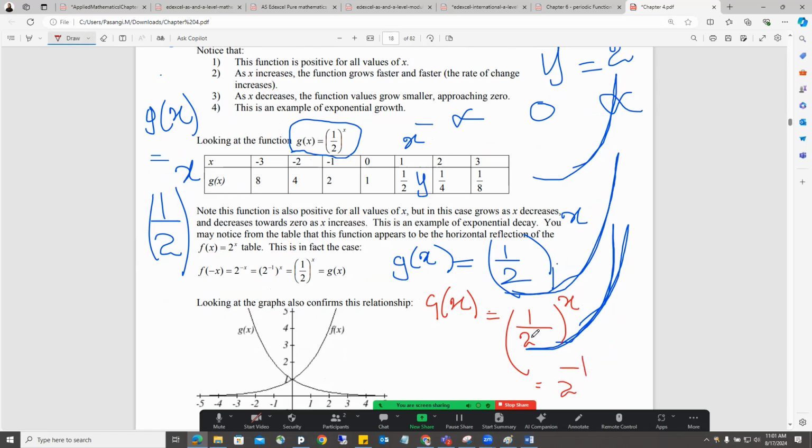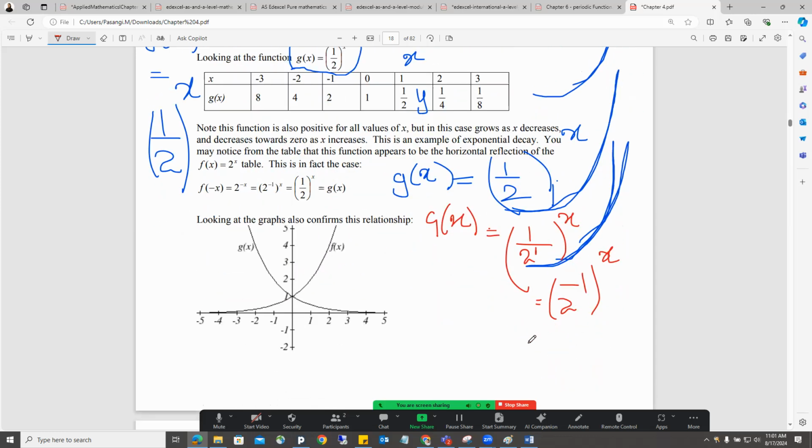Because here we have 1 as the denominator's power. If I bring the denominator up, then we have 2 to the power of minus 1. Then we have x here, which means we have 2 to the power of minus x.